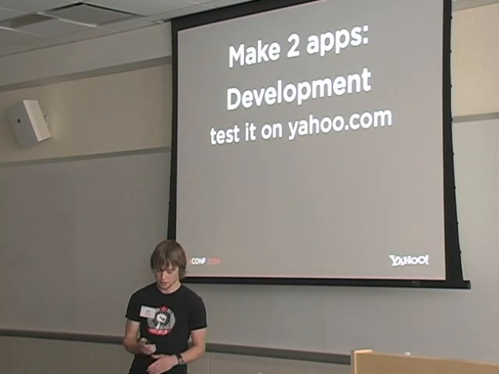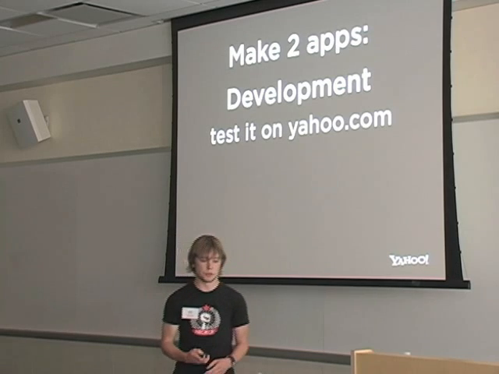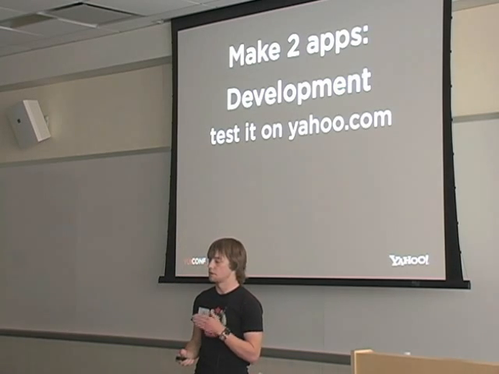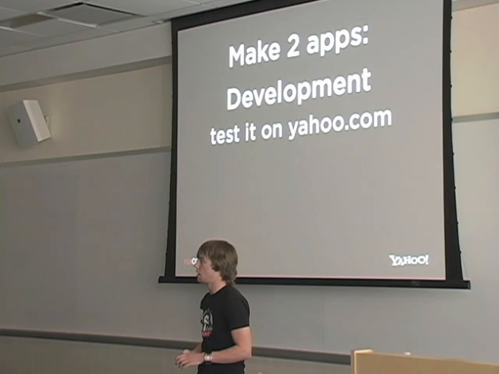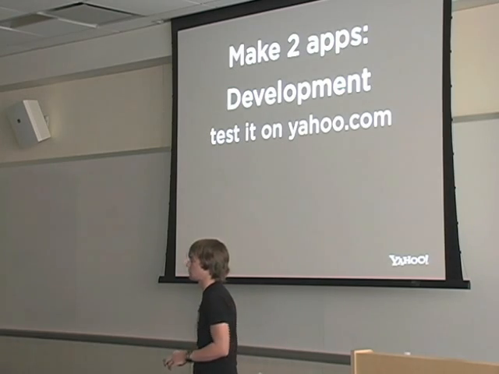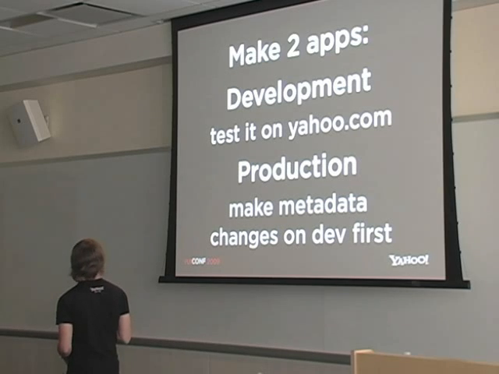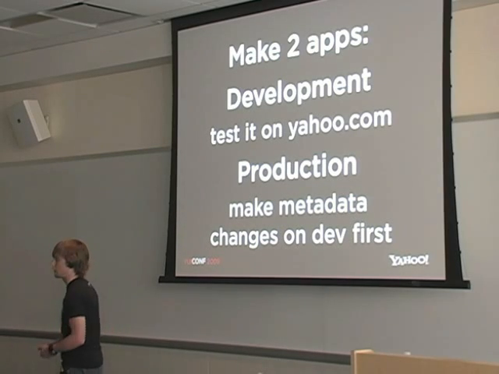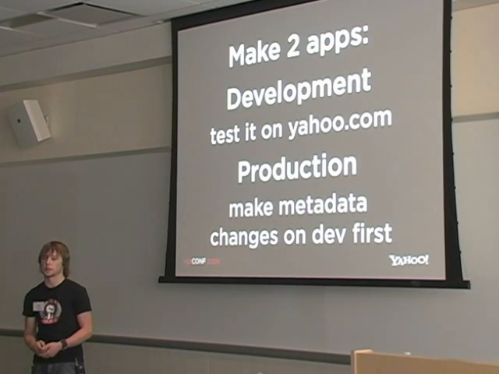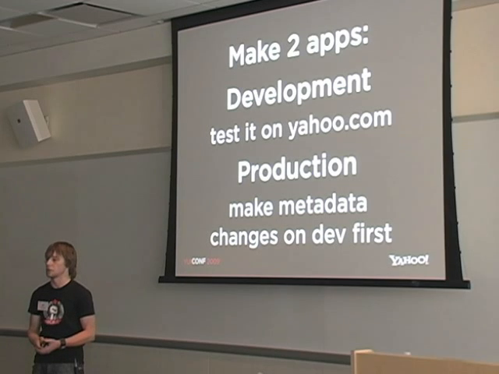What's really great is that if you change that on production, you don't actually know how that's going to look. That can possibly be jarring. It has been for some developers. So creating two apps, one for development, one for production, has worked really great for a lot of our developers, and it's something that we'd recommend that you do because it's just so easy.